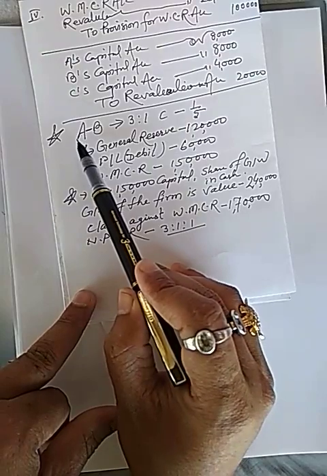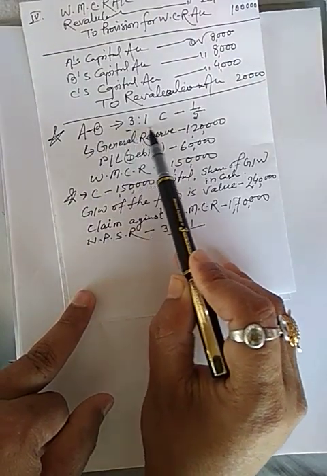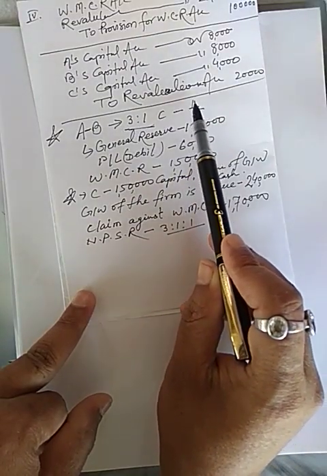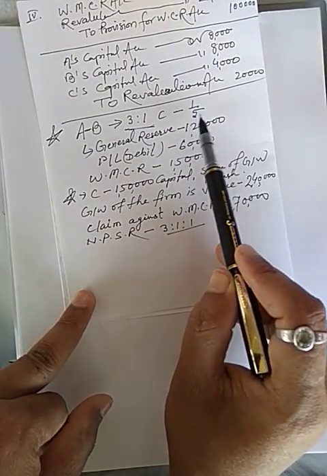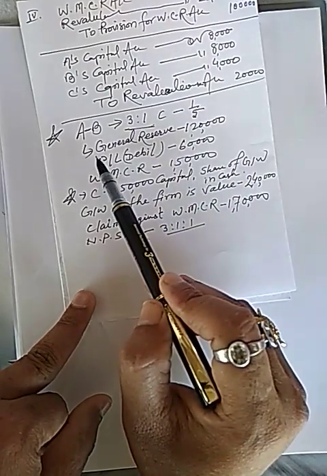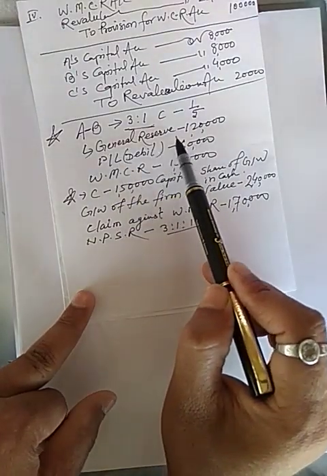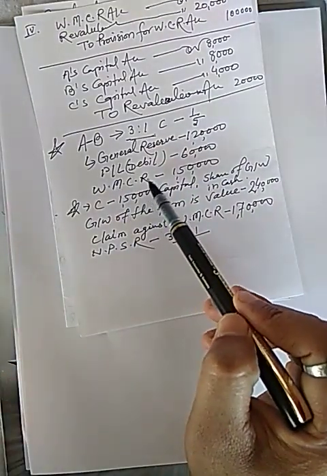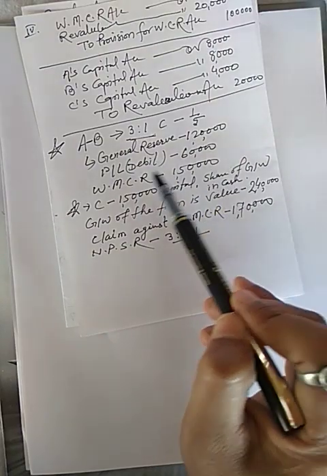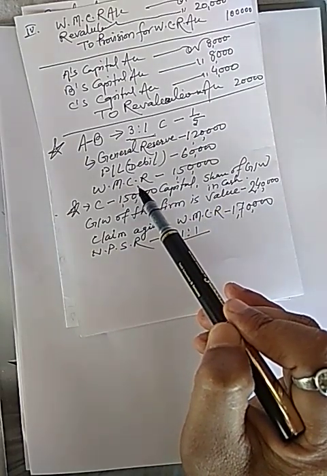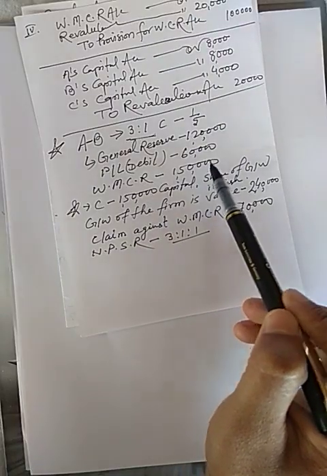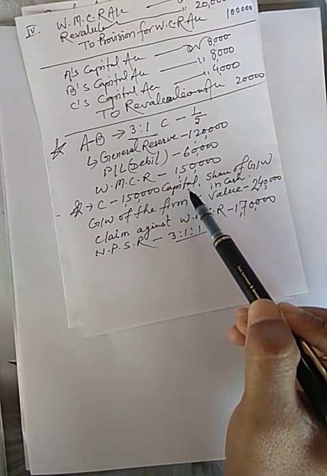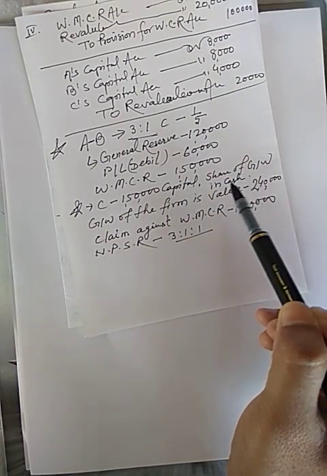A and B are partners in a firm in the ratio of 3:1. C is a new partner joined for 1/5 share in profit. General reserve is given 1,20,000. P&L account debit balance is also given 60,000 and workman compensation reserve 1,50,000. C brings 1,50,000 as capital and his share of goodwill in cash.